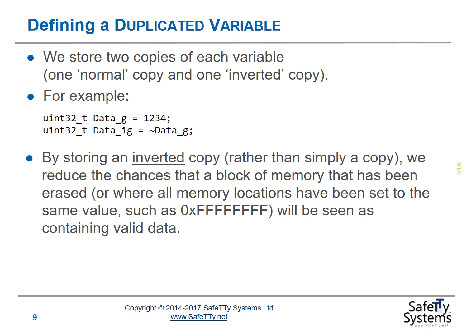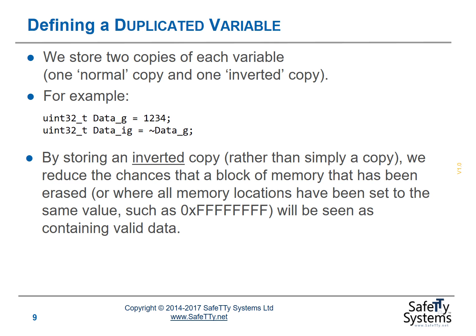So here, for example, we have a module global variable, data G, and it has a value of 1, 2, 3, 4, and we're storing an inverted copy of that variable, data IG, and I'll use this notation in all the various examples, I for inverted copy, and that's set to have an inverted copy of the value of the data that are stored in data G. This is standard C code.